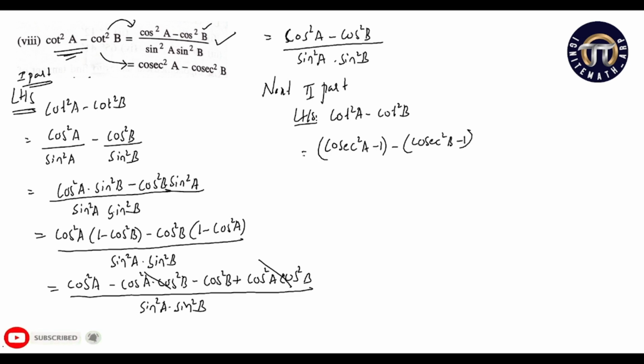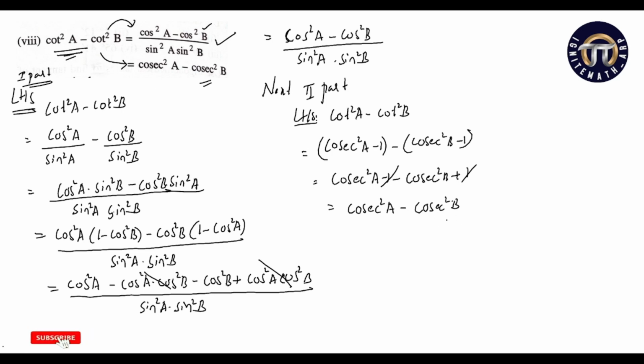So when I remove the bracket, this is going to be cosecant square A minus 1 minus cosecant square B plus 1. So minus 1 plus 1 will get cancelled, and I'll be left with cosecant square A minus cosecant square B. So that is what you are supposed to get. Hence proved.